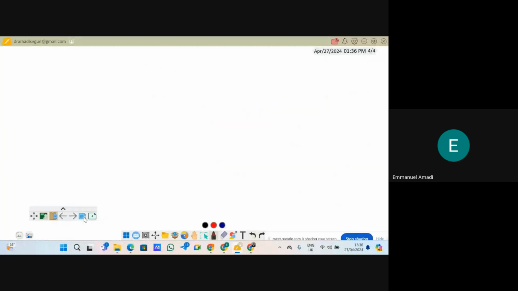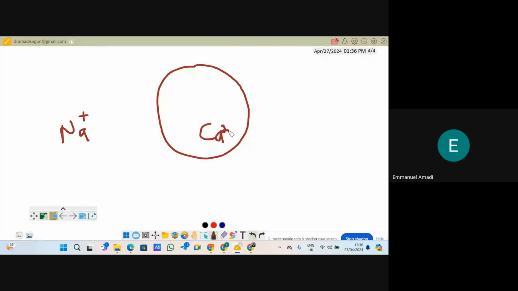Now, see what you need to understand. This is the heart. Sodium is on the outside. Sodium is abundant in the extracellular fluid. Now, calcium is on the inside here. There's a particular transporter that is called the sodium calcium exchange transporter.